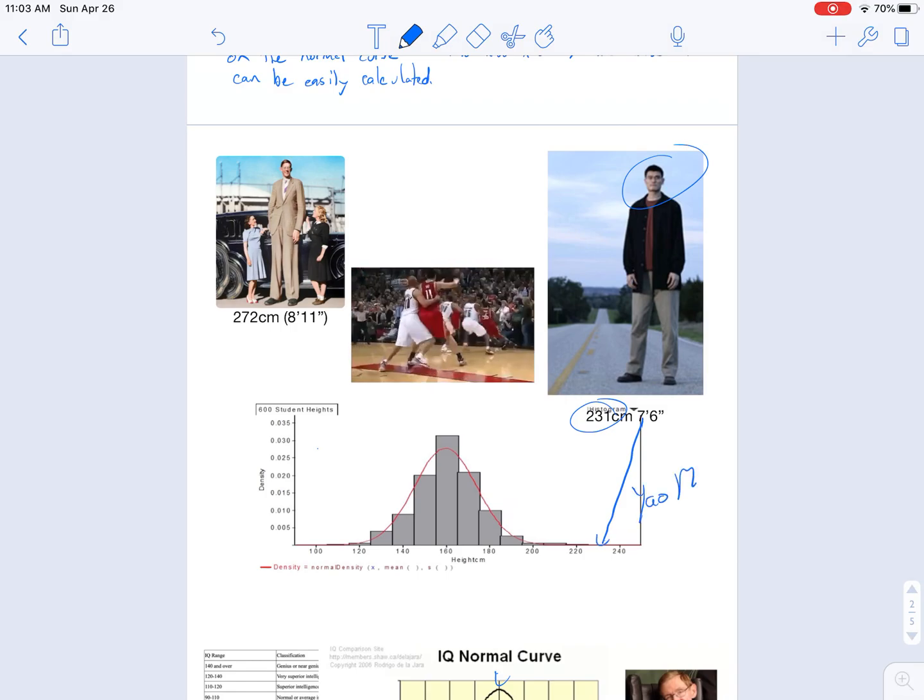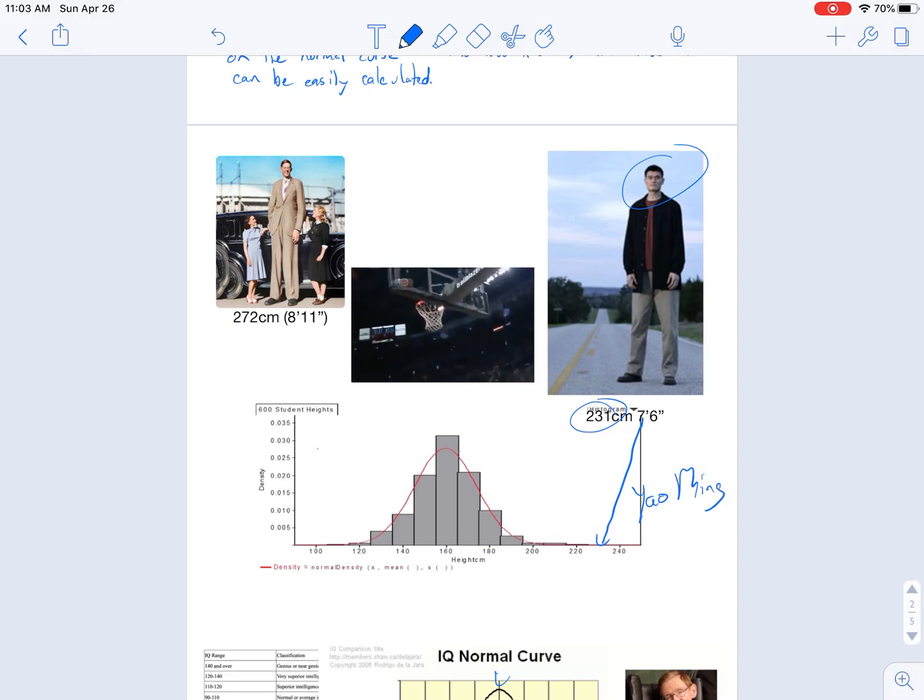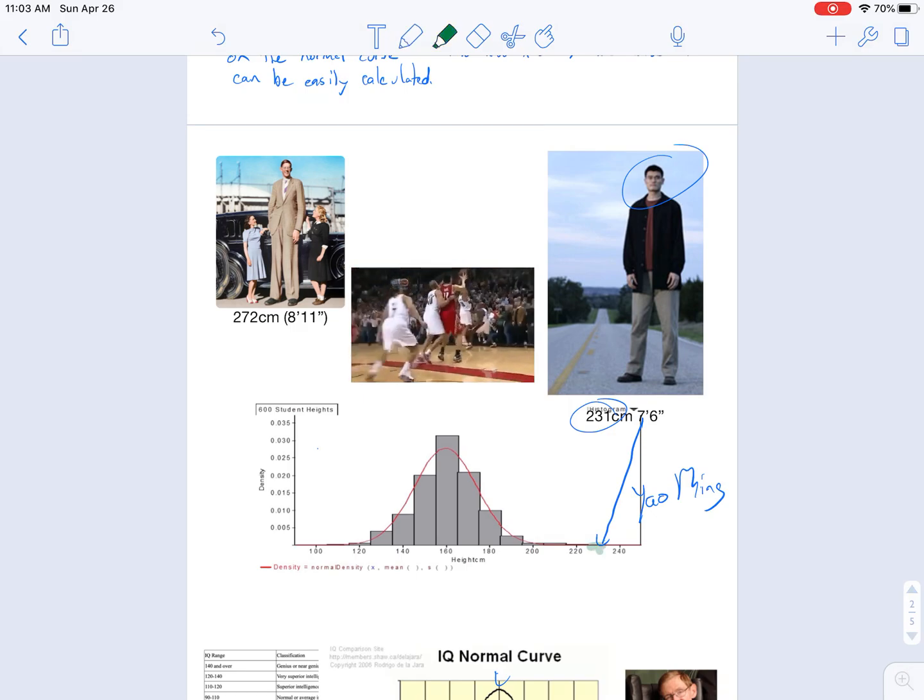On the distribution of the normal curve, that would put him way over here. So this is Yao Ming, this Chinese-American basketball player, who was very good. He was also one of the tallest players ever to play. And on this normal distribution, once I get all the way over to where Yao is, there are almost no people in the world who are that tall.